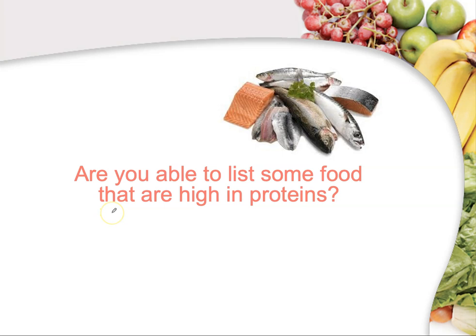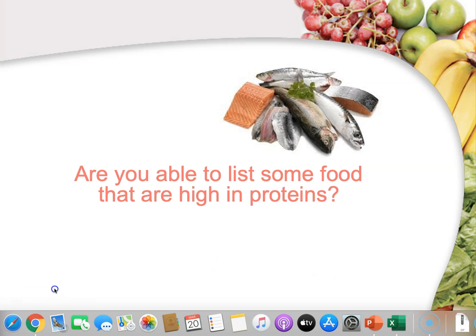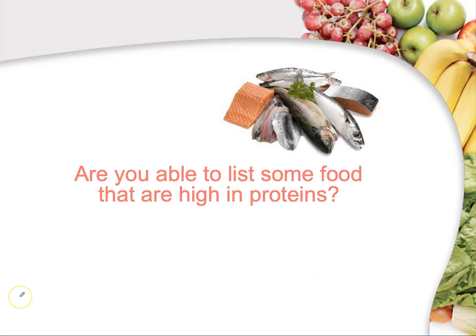All right. Are you able to list some food that are high in proteins? Maybe you can take 2 minutes to decide what are some of the food that you are eating every day in the canteen or even at home. All right, so what are some of the food that is high in proteins?